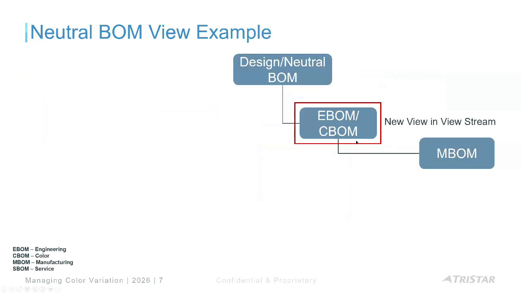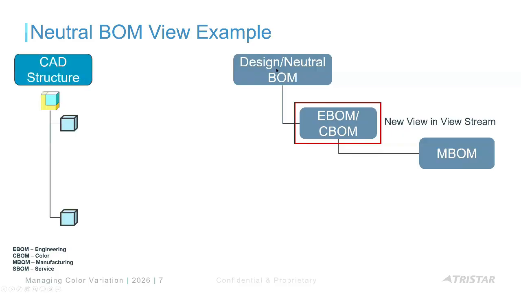Now, when we're dealing with colors, we typically add another view in that view stream. So we have the engineering view. We kind of use that as just an engineering or a color version of a part. The view upstream is usually called either the design or neutral view of that part.